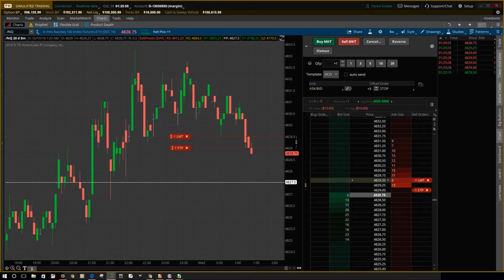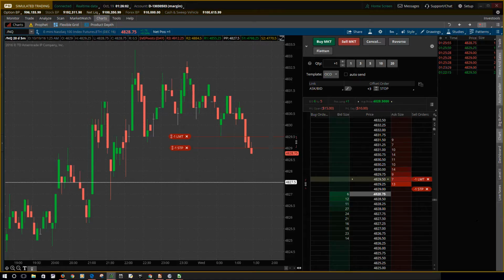Oh, it jumped over our stop. It didn't trade at our stop. That's the one thing. Look like we are having problems on this paper side, because that's a stop, and it's usually a stop market. Usually, when the market is trading below that point, but maybe it has to trade at that point, and it did trade at that point. It's trading at that point again, and we should have been out of that trade.